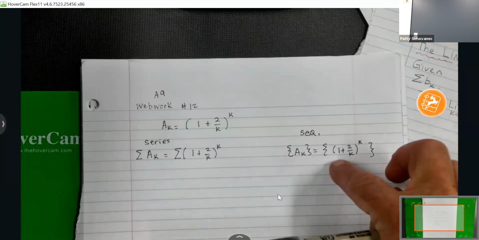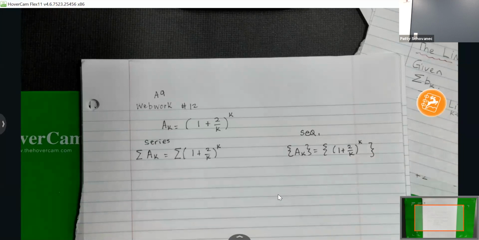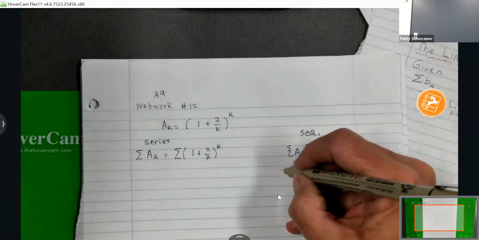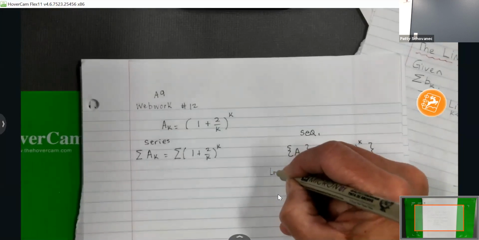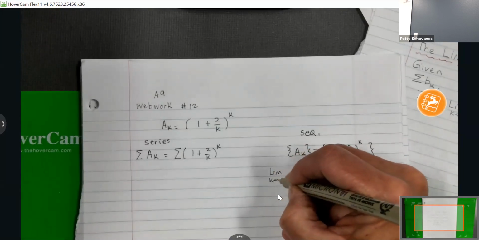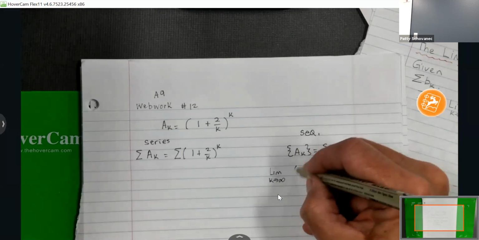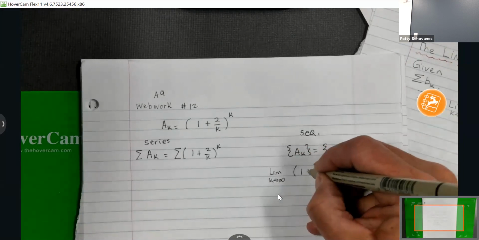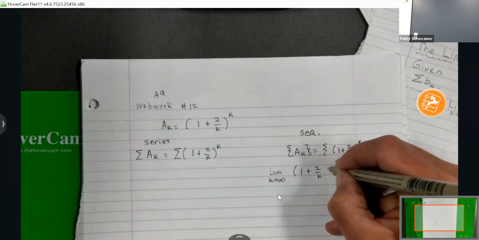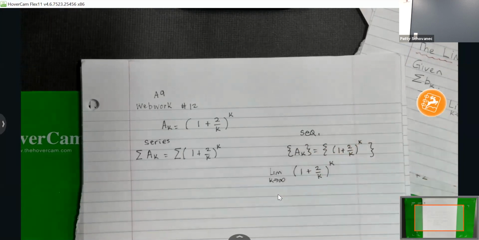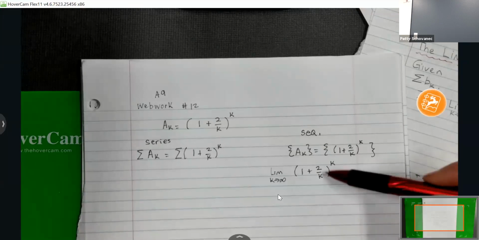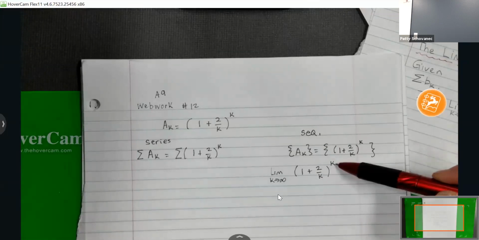So I'm going to test the sequence first. The sequence converges if it has a limit. I'm going to take the limit as k goes to infinity of my kth term. As k goes to infinity, 2 over k is going to go to 0, and this exponent is going to go to infinity.